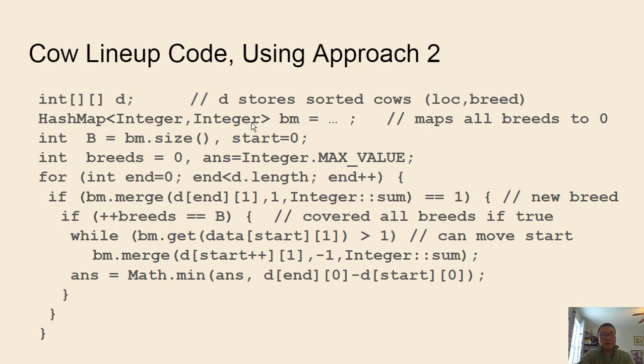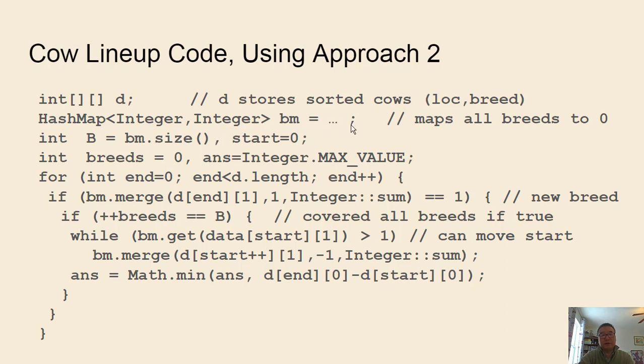Initially this hash map is initialized so that all breeds are there, but they are all mapped to 0. So then the size of this map will be the number of different breeds. Essentially, while I parse the data, I put in all the breeds as the keys, but they're all mapped to 0 at this point.